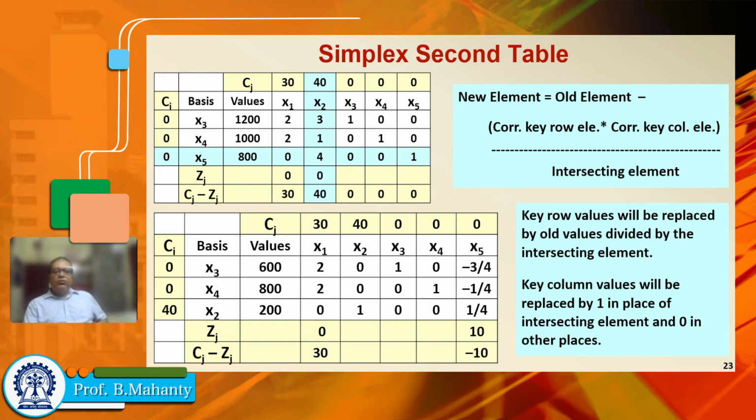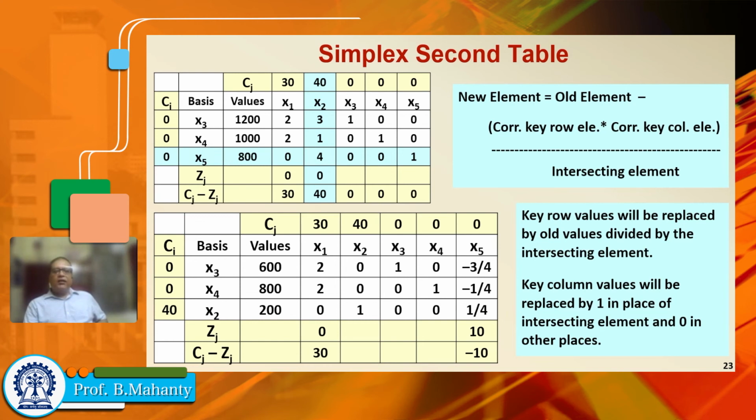Then what we do, we divide this key row by the intersecting element, which is the 4, and all items are obtained accordingly. 800 by 4 is 200, 0 by 4 is 0, 4 by 4 is 1, 0 by 4 is 0, and 1 by 4 is 1 by 4.